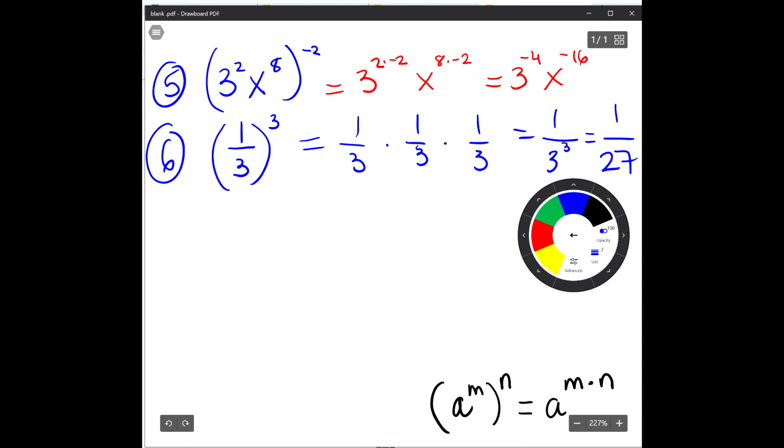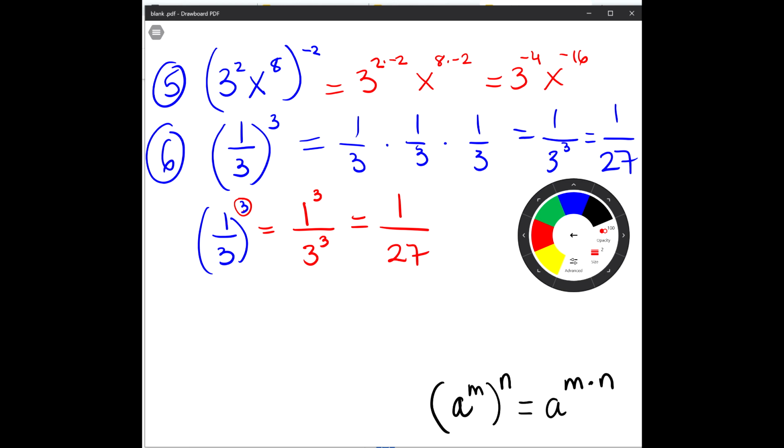So how do we use the power rule to do that? We can have 1/3 cubed, and this little 3 right here can apply to both the 1 and the 3. So we can rewrite it as 1 raised to the 3rd power over 3 raised to the 3rd power. And 1 raised to the 3rd power is just 1, 3 raised to the 3rd power is 27. We get the same answer. It's a different way to look at the problem.